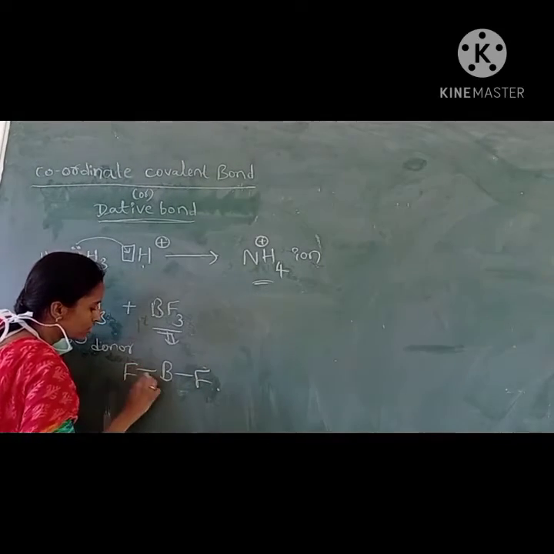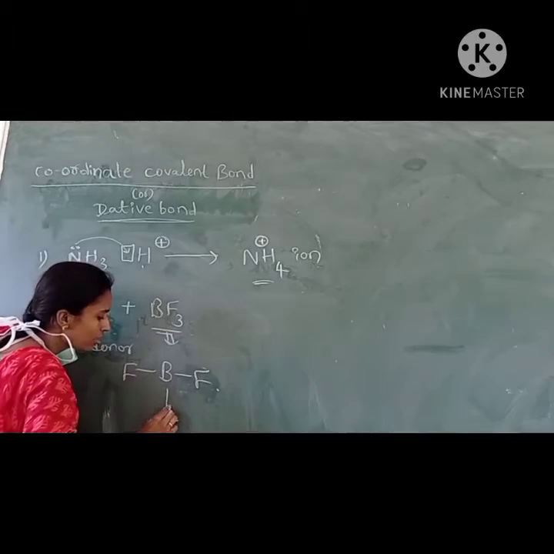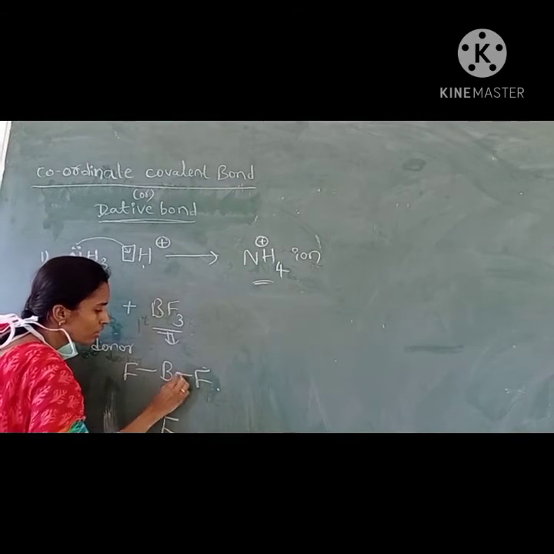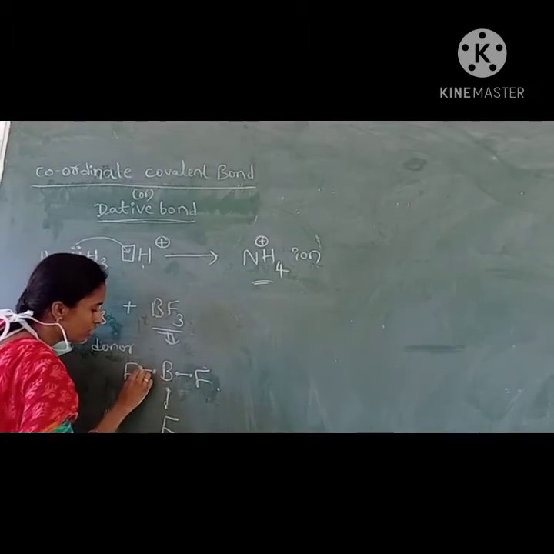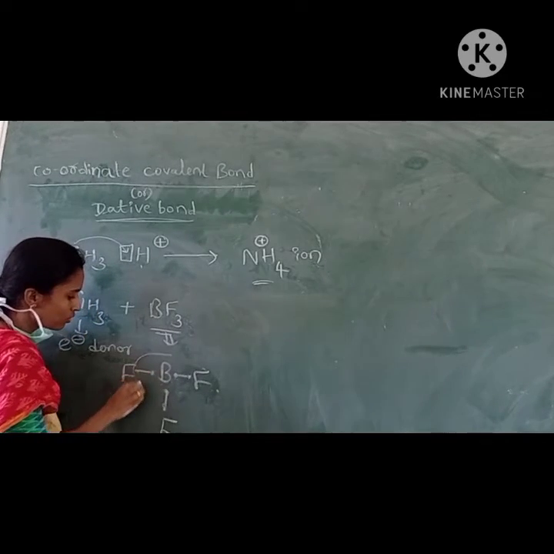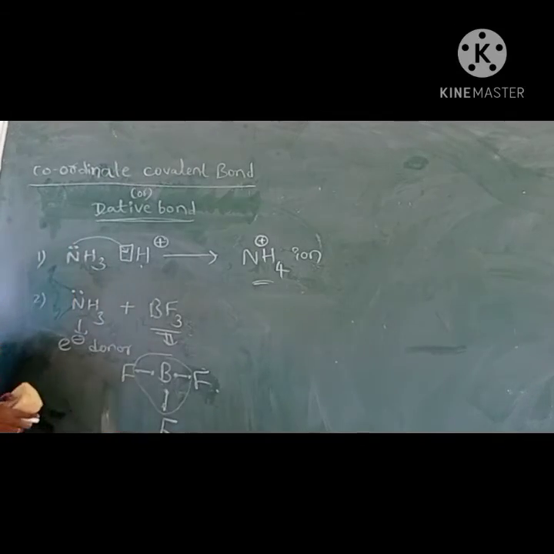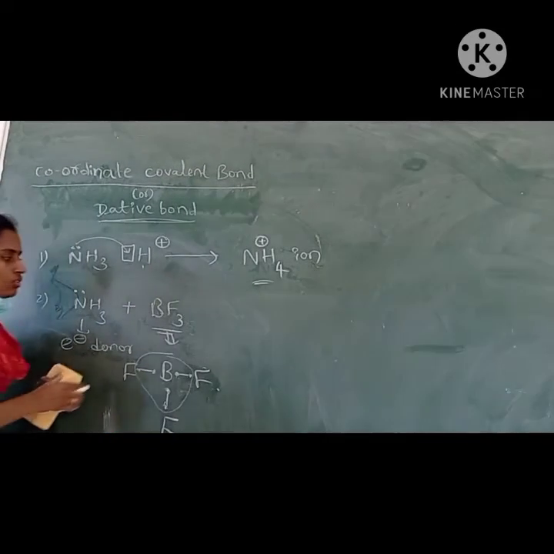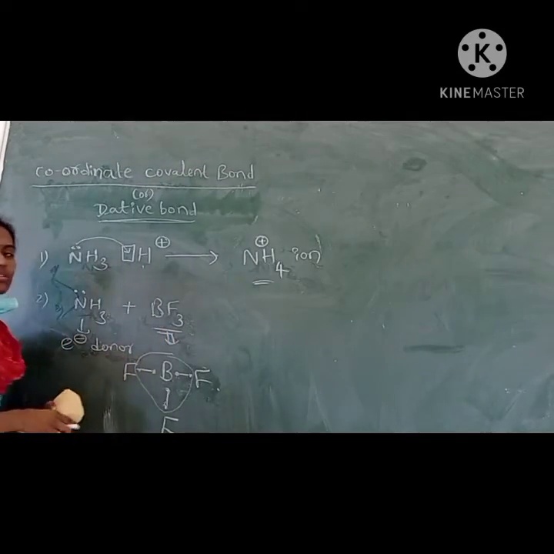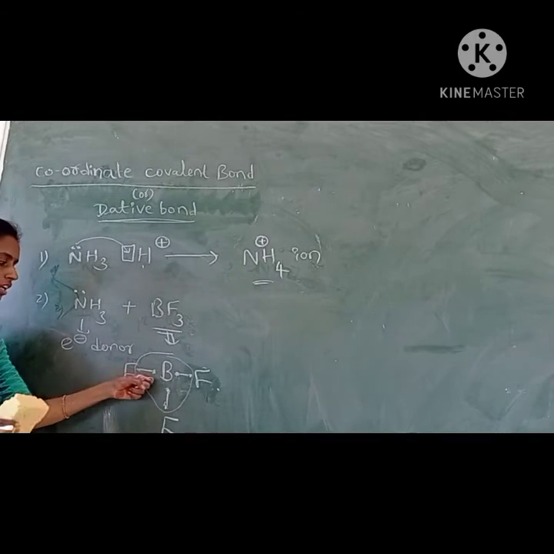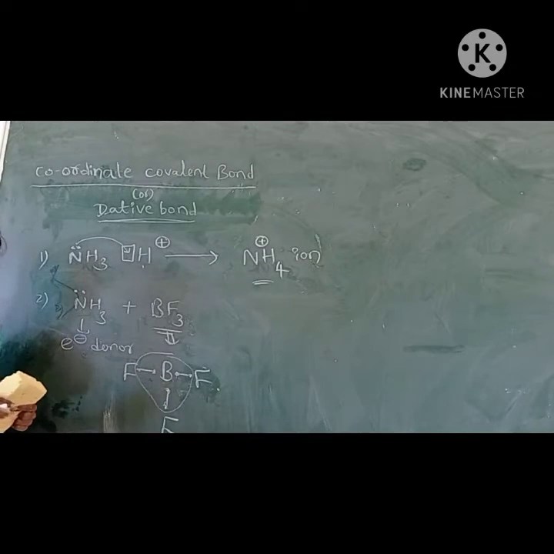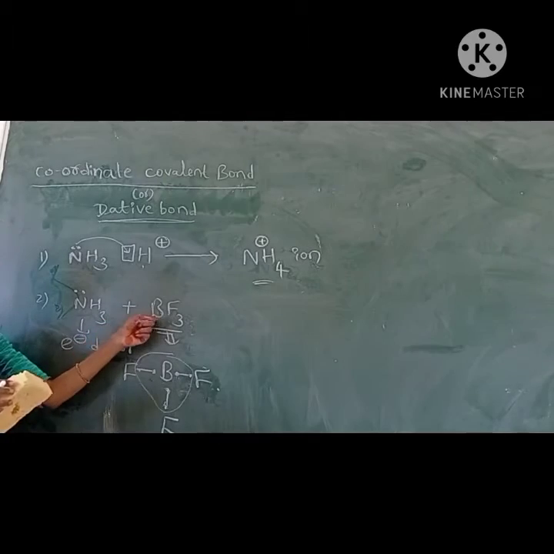If you see the structure of BF3, these are the shared electrons. After sharing, boron has only 1, 2, 3, 4, 5, 6 electrons in the valence shell. In order to get the octet electronic configuration, it needs 2 electrons. That's why it acts as the acceptor.